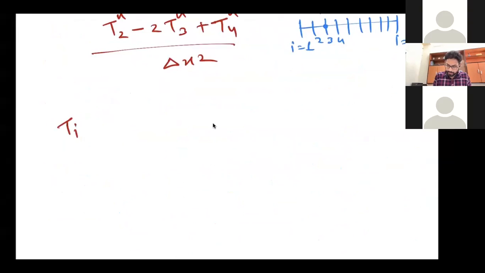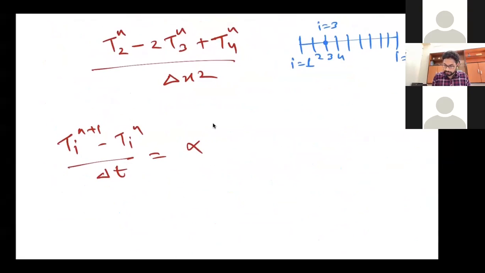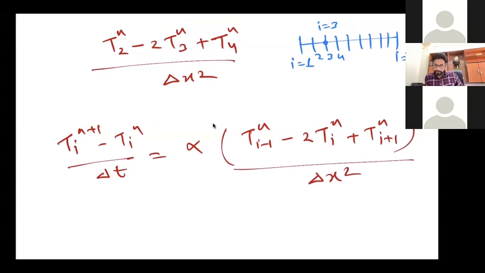So Ti n plus 1 minus Ti n by delta T is equal to alpha. You don't remember this alpha term? That's diffusivity, right? And this will be Ti minus 1 n minus 2 Ti n plus Ti plus 1 n by delta x square.